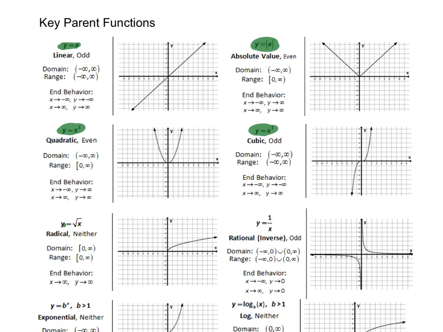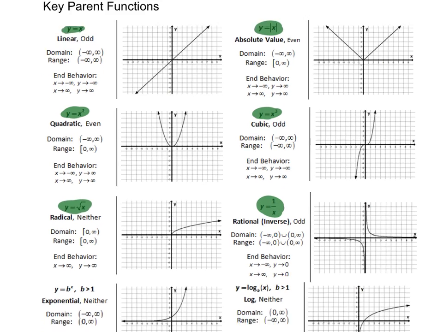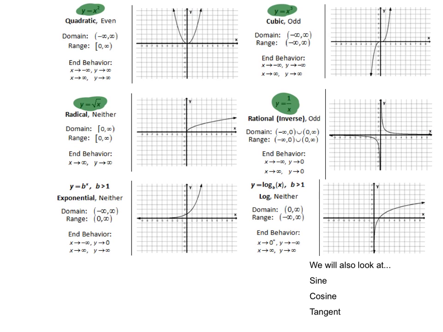They're not in the same order. You have the radical, the rational, and this even has a couple of the ones that we didn't do. Exponential growth, exponential, and logarithmic.